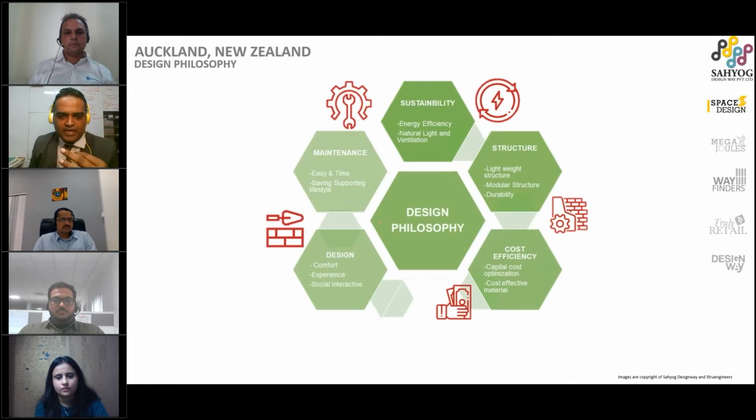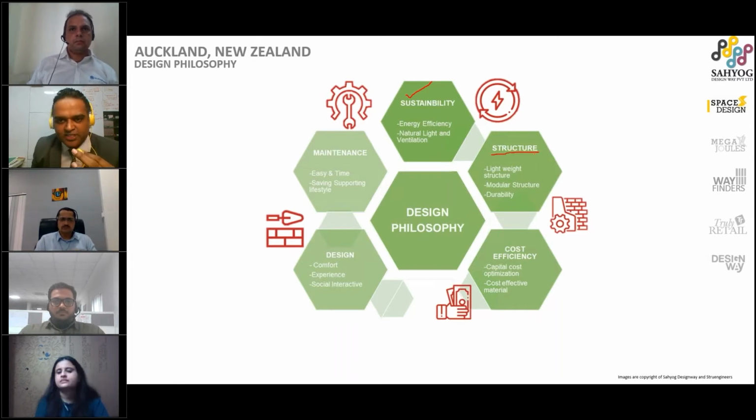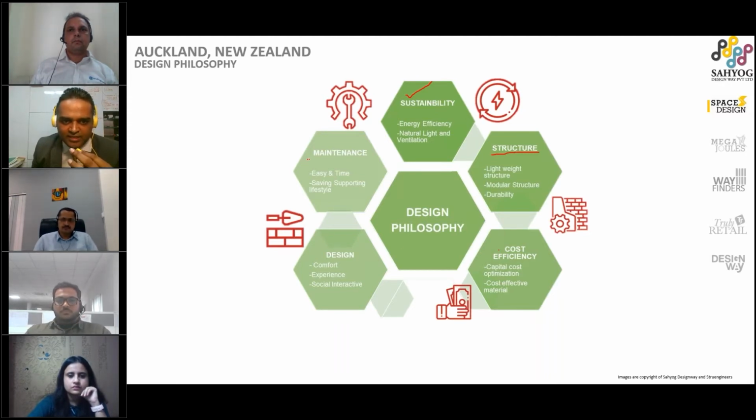Now coming to the design philosophy, one of the most important is sustainability, which is at the top. The second part is structural stability: the lightweight, modular structure, durability, and cost effectiveness which 3D precast brings, and the low maintenance part. And design has comfort, experience, and social interactivity.